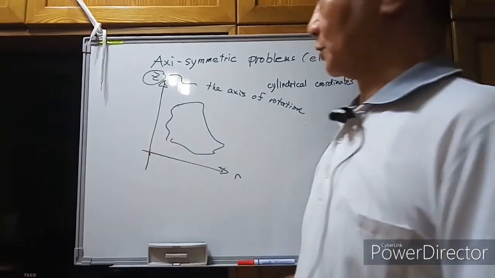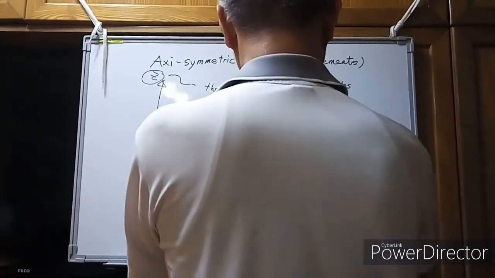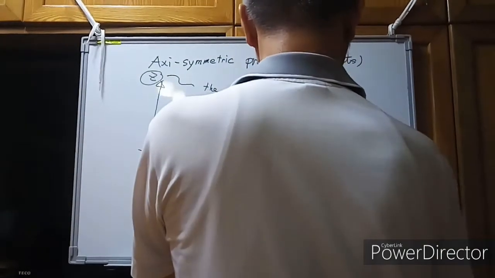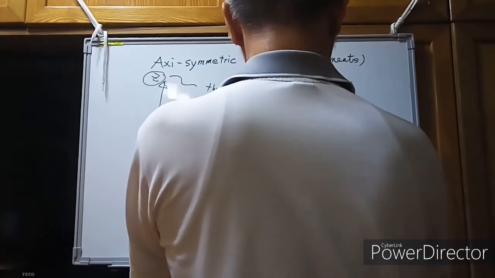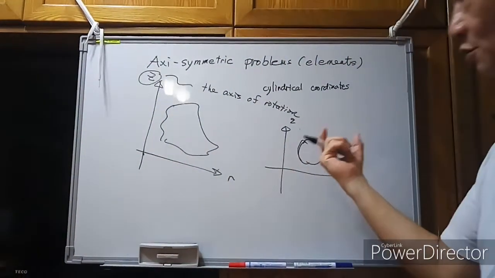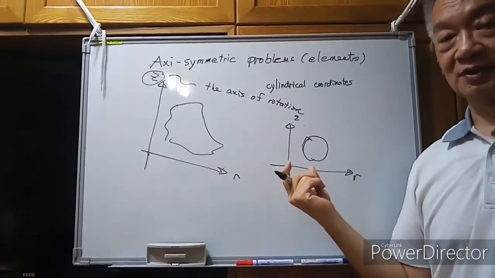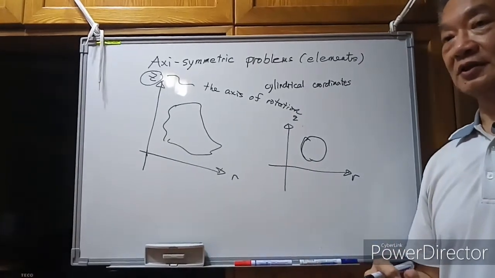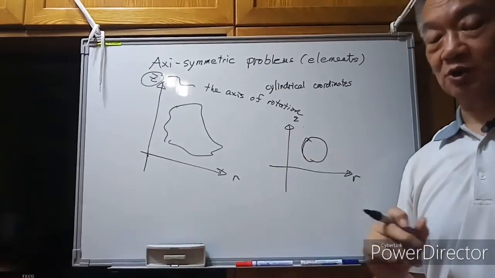Okay, so if the structure is a circle, then what is the entire structure?